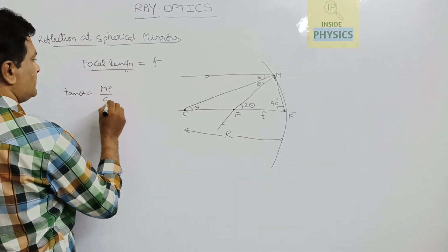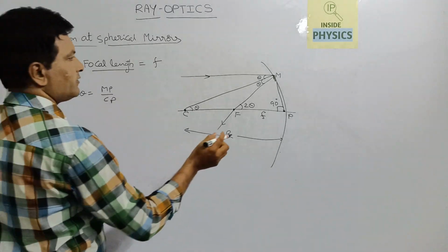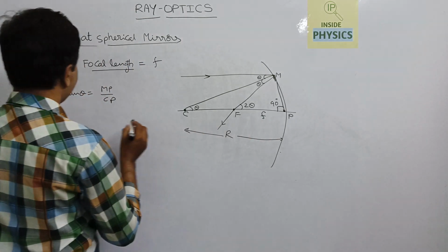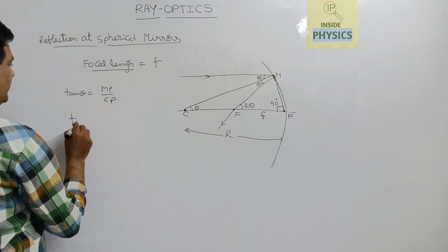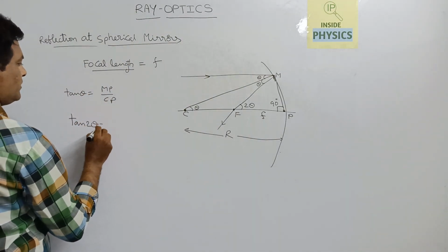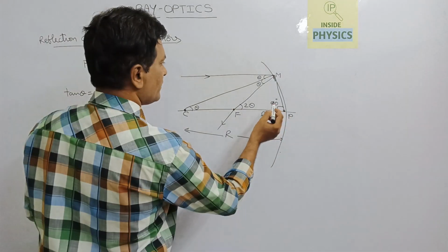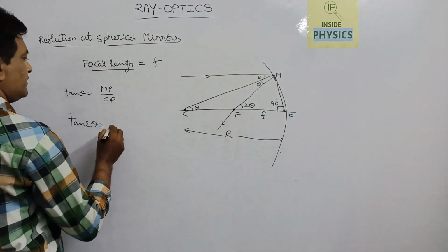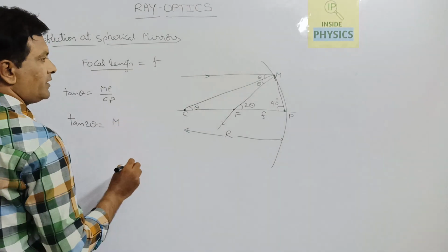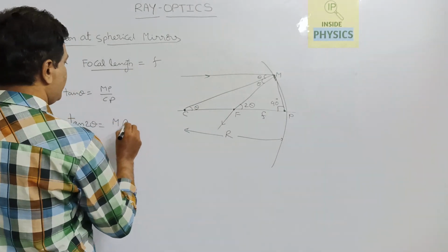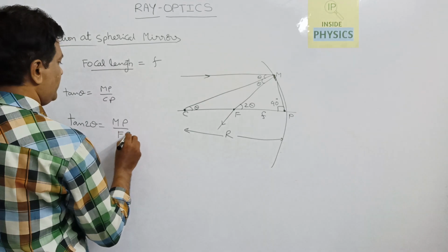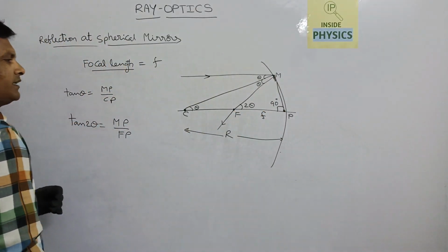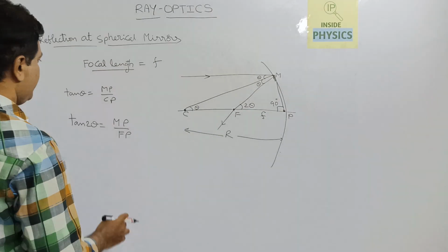If you observe the triangle MFP, we can write tan 2 theta is equal to opposite side by adjacent side, MP by FP.